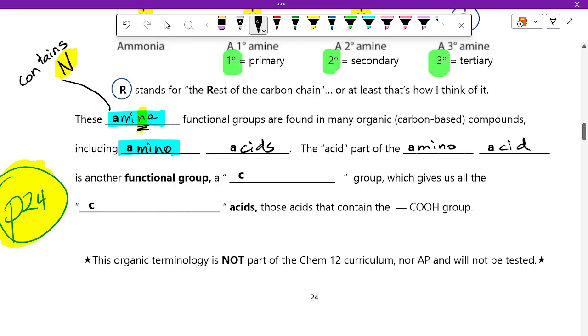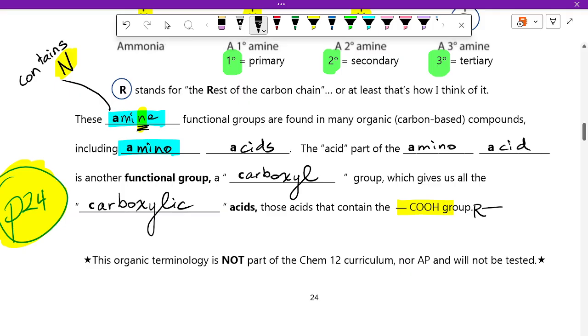Do you guys know what that one's called? Carboxyl. Is that right? Carboxyl group, which gives us all of the, what kind of acids? Carboxylic acids. And those are the ones that contain the COOH group, which looks like this.